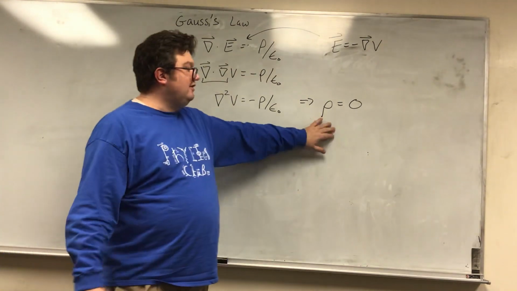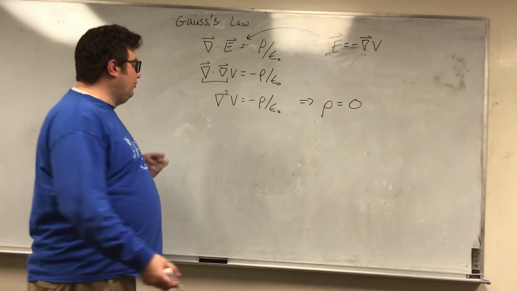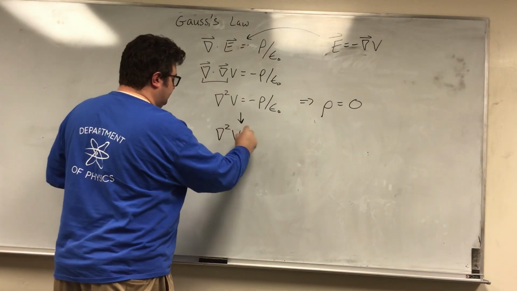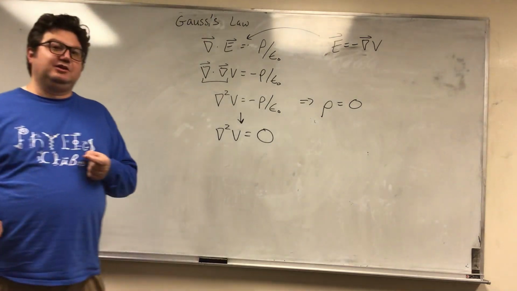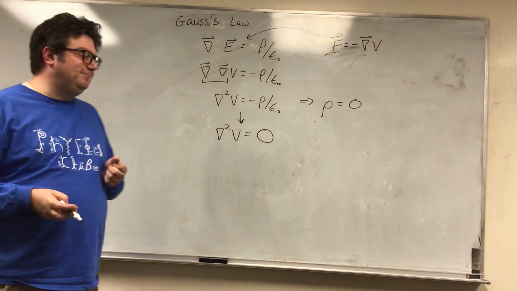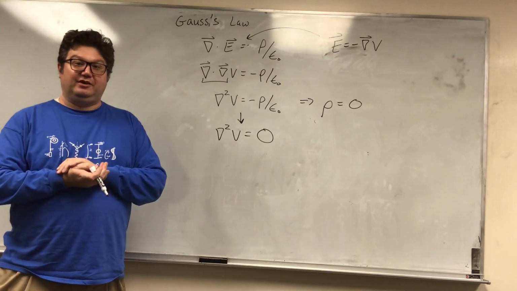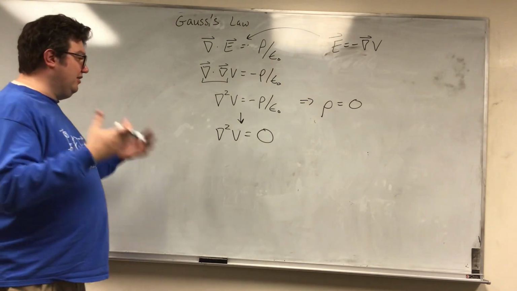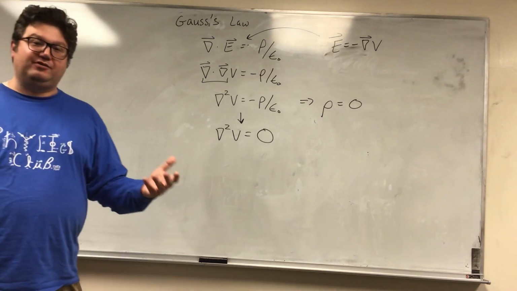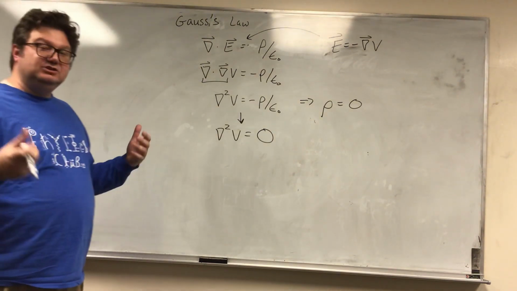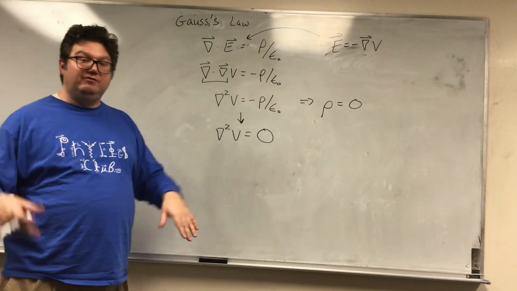The charge density is 0. And so this reduces down to the Laplacian of V equal to 0, right? And this is an equation that we're experts on solving, because we have to solve this in a variety of different parts of physics. So we can just use the skills that we've learned.